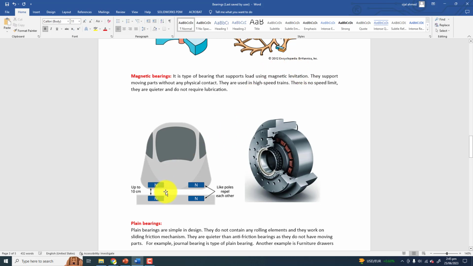In this way, the only resistance we experience in the train movement is air resistance. All the sliding resistance and other frictions are nil. They are used for high speed trains, and there is no speed limit for the bearings as far as they are concerned, though we definitely have speed limits for the trains. Since there is no contact between the two surfaces, they are quieter and also don't require lubrication.